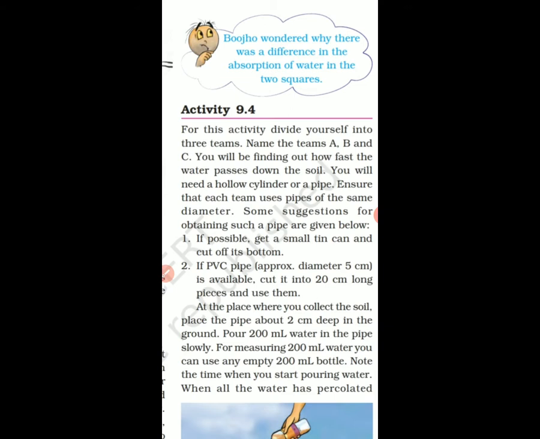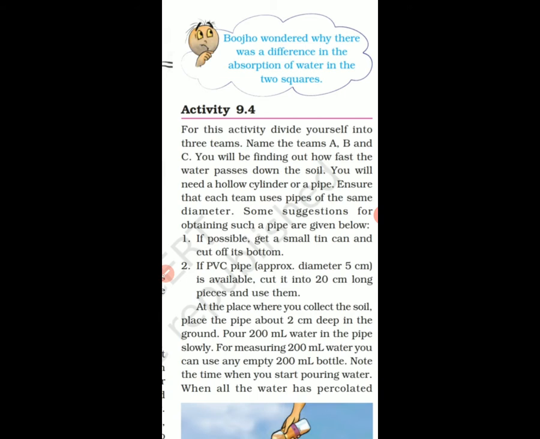Now pour 200 milliliter water in the pipe slowly. Now note the time when you start pouring water. When all the water has percolated, leaving the pipe empty, note the time again.